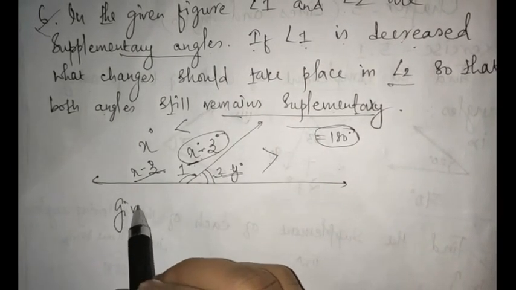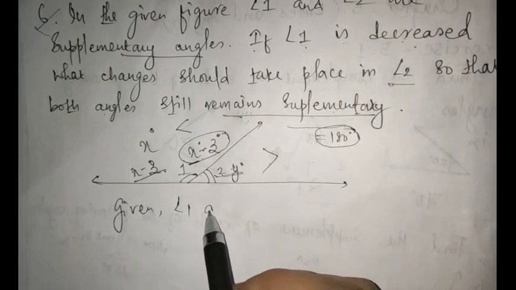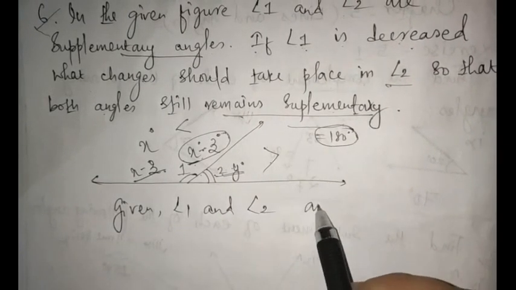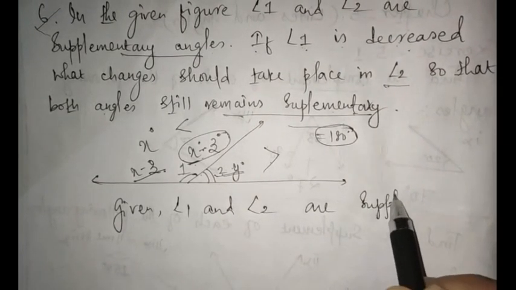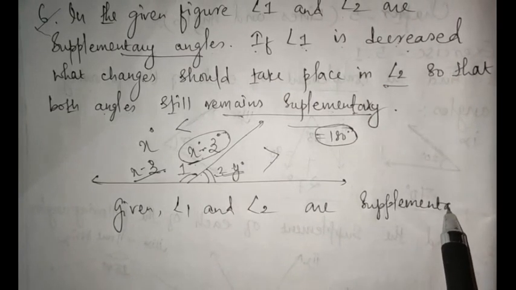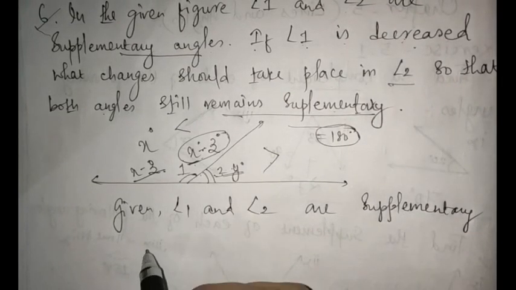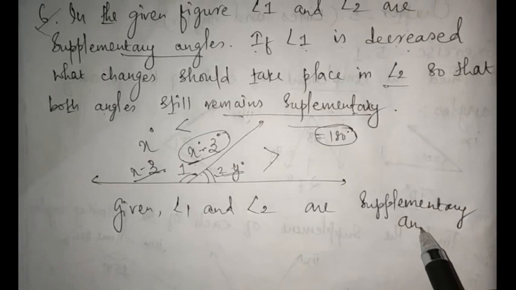In the question it is given that angle 1 and angle 2 are supplementary, right? It is making 180 degrees.